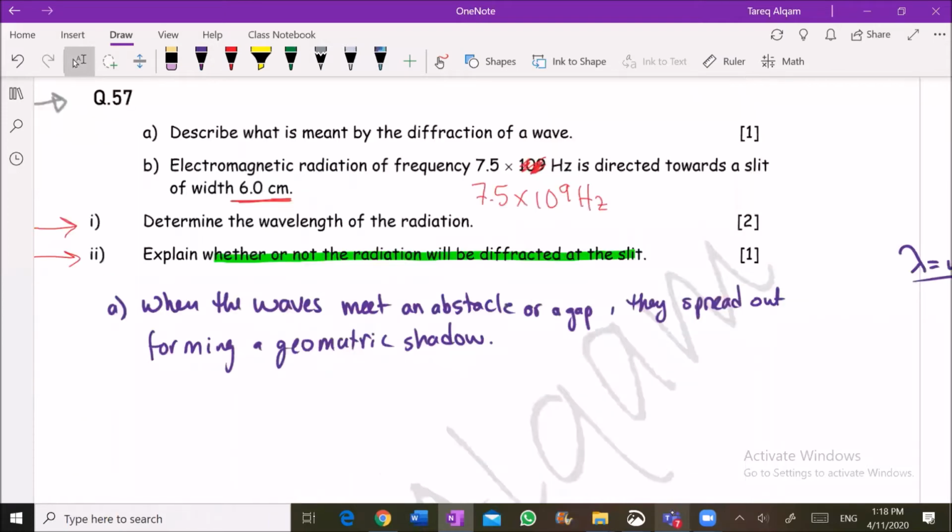Okay. First of all, B. Electromagnetic radiation with a given frequency is directed towards a slit. Determine the wavelength. The wavelength equals what? Speed over frequency.